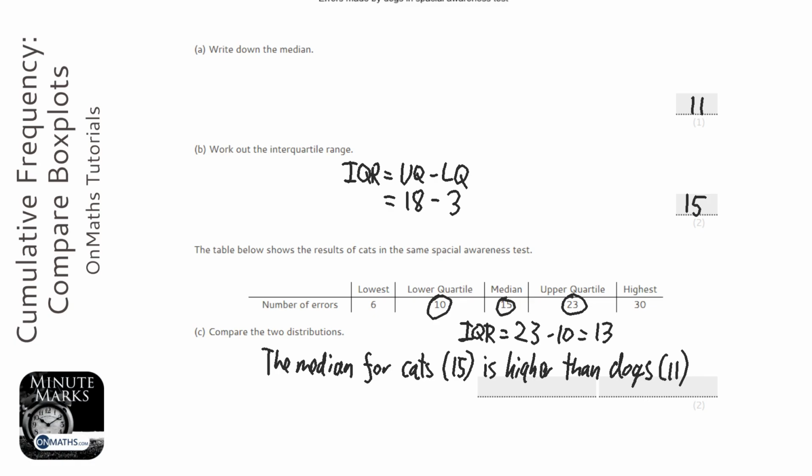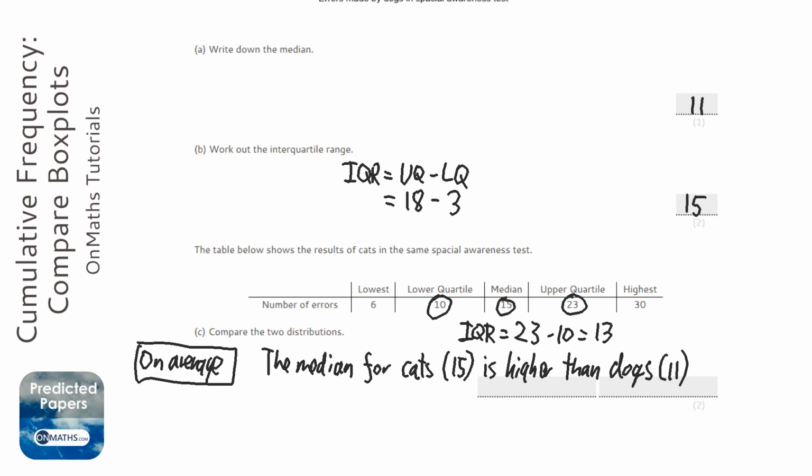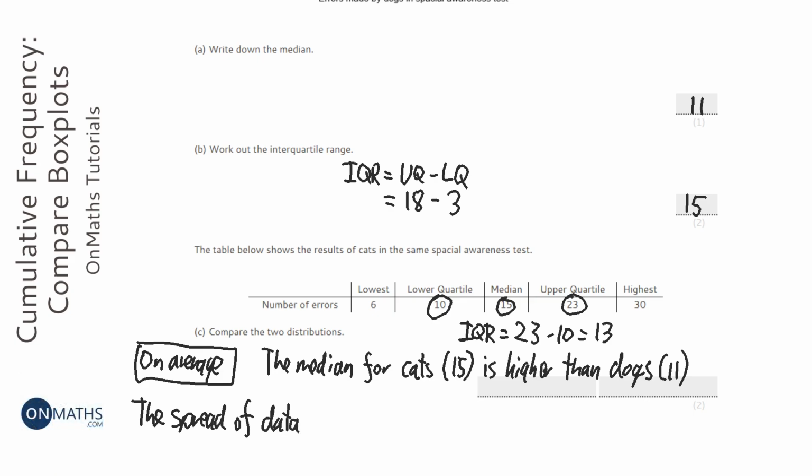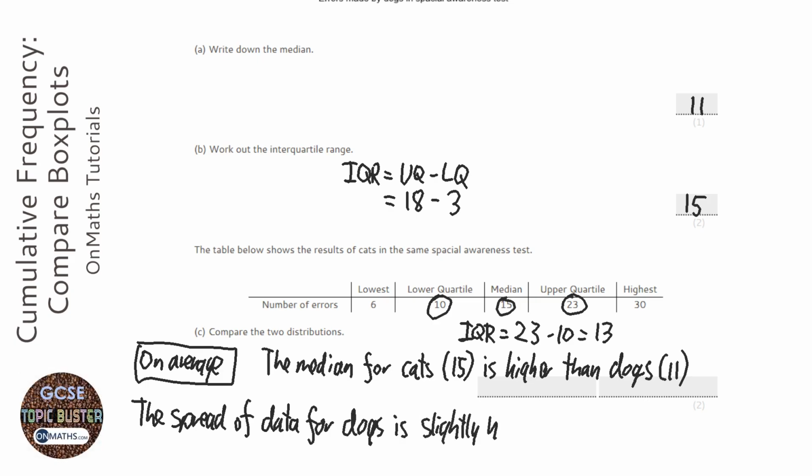The way of starting this sentence, so I said "on average" is kind of the way to start the sentence when you're comparing medians. For this one, you just say the spread of data for dogs is slightly higher than with cats.